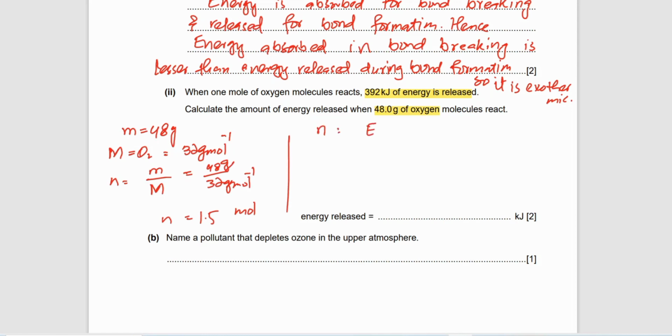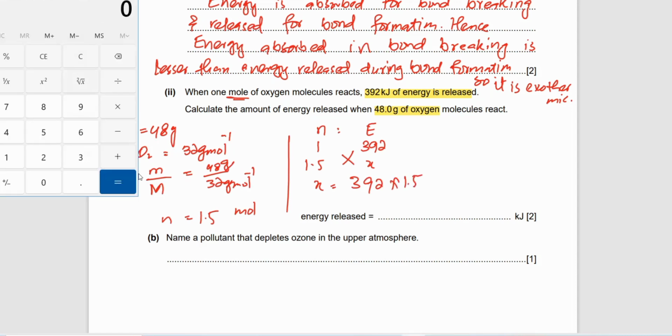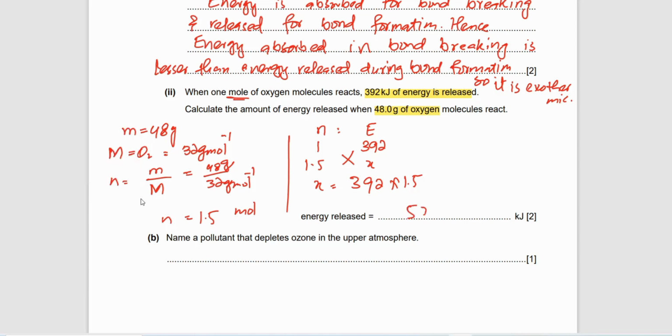So energy is 392 for 1 mole of the oxygen, and when we have 1.5 then x, so x is equal to 392 multiplied by 1.5, so 588 kilojoule. Kilojoule is written over here, so that's why 588.